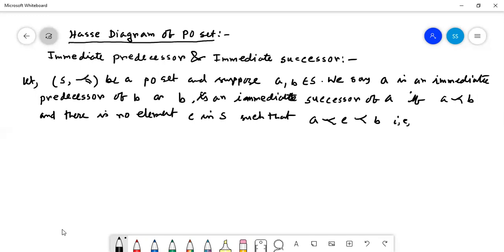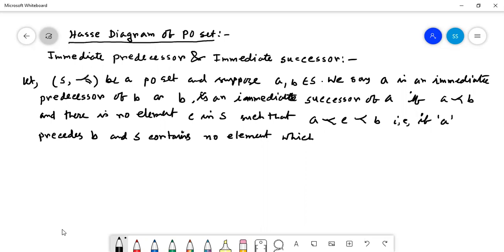That is, A precedes B and S contains no element which lies between A and B. If there is no element between A and B, then we can say it is the immediate predecessor.